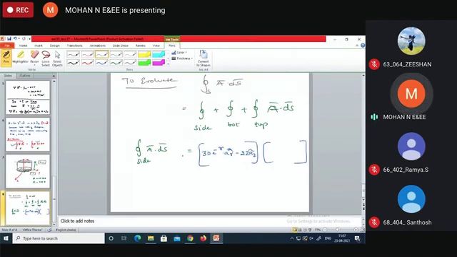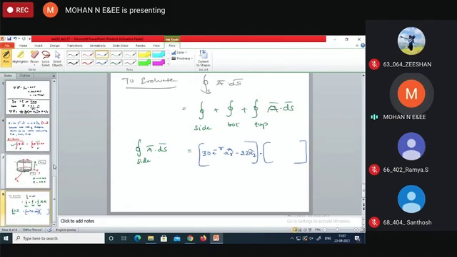This A vector is dotted with ds vector. What is ds vector? That is a surface vector normal to the surface.